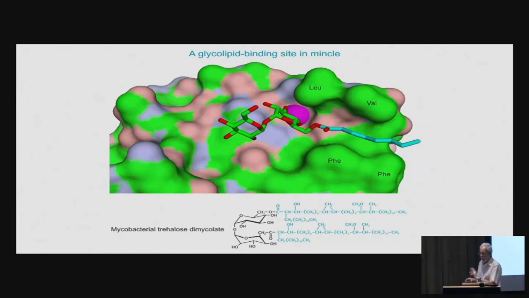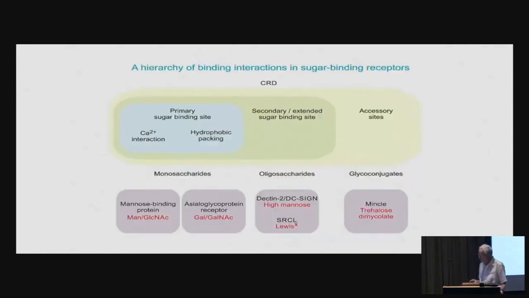So you can have additional ways of attaching specificity, and those are all summarized in this slide, which shows you that you can have the primary binding site, very simple recognition. You can extend that to looking at longer types of sugars, and you can extend it further by looking at additional things beyond just the sugar.